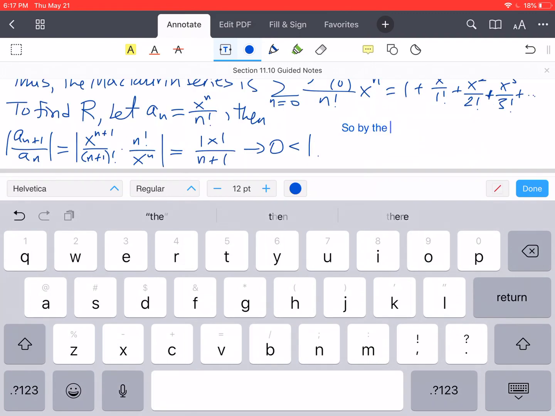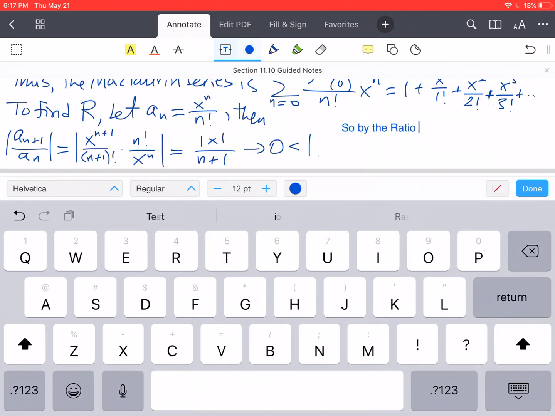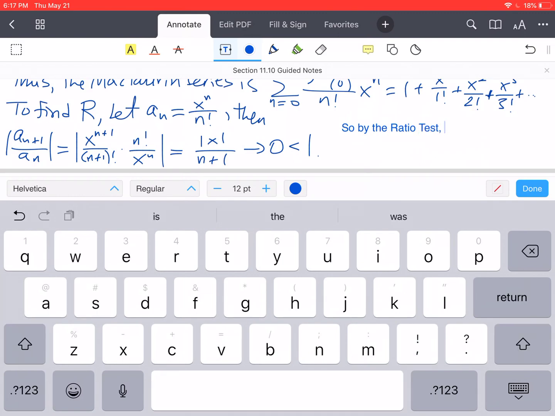So, by the ratio test, the series converges for all x.